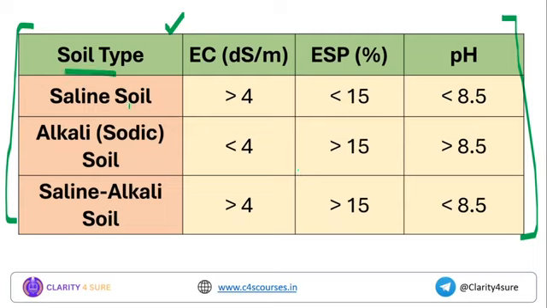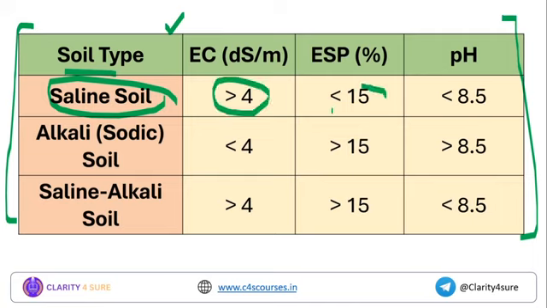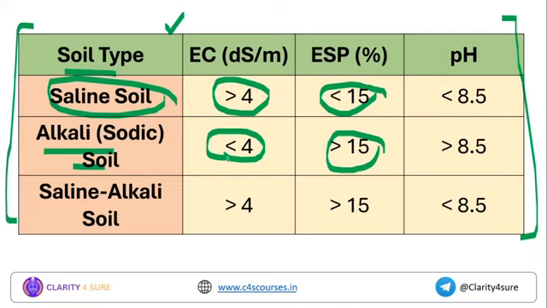Okay, so saline soil we already covered. Saline soil has a high percentage of soluble salt, which means more than 4 EC, right, and less than 15 ESP. And alkali soils are the soils with a high exchangeable sodium on that complex, for which ESP will be more than 15, and as the sodium is not in the free or soluble form, the EC will be less than 4.